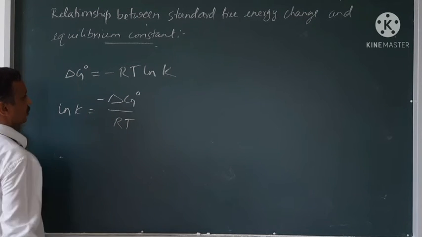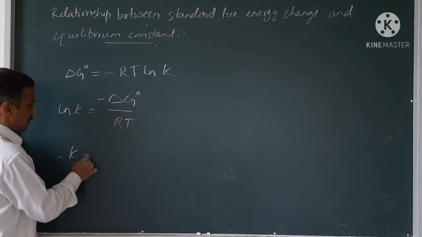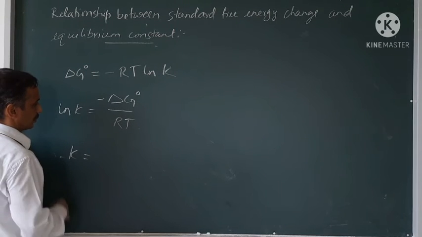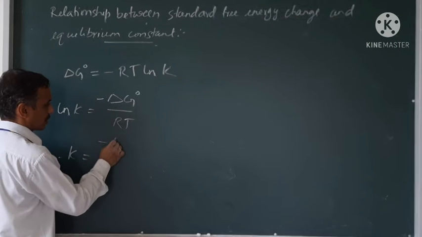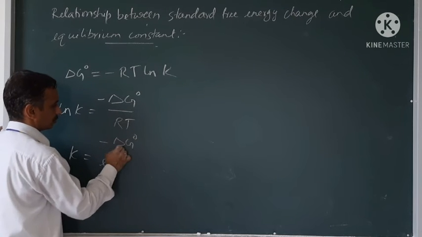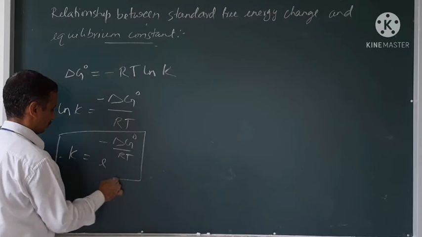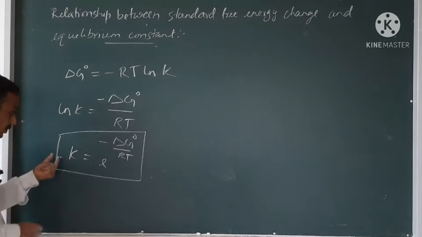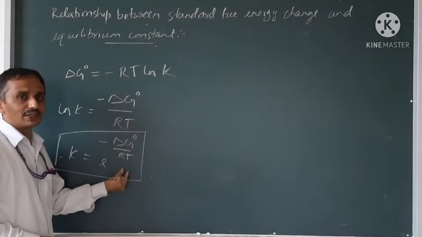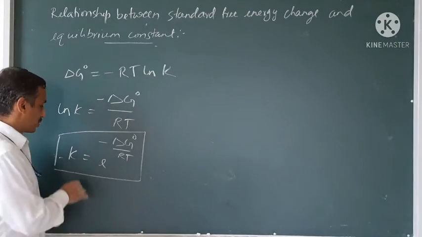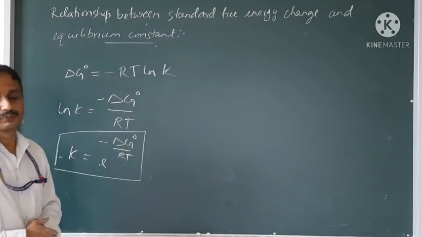Also I can have, taking the antilog, K is equal to e to the power minus delta G naught by RT. This is also the relation only. K is equal to e to the power minus delta G naught by RT. This is another equation for the equilibrium constant and the standard free energy change.